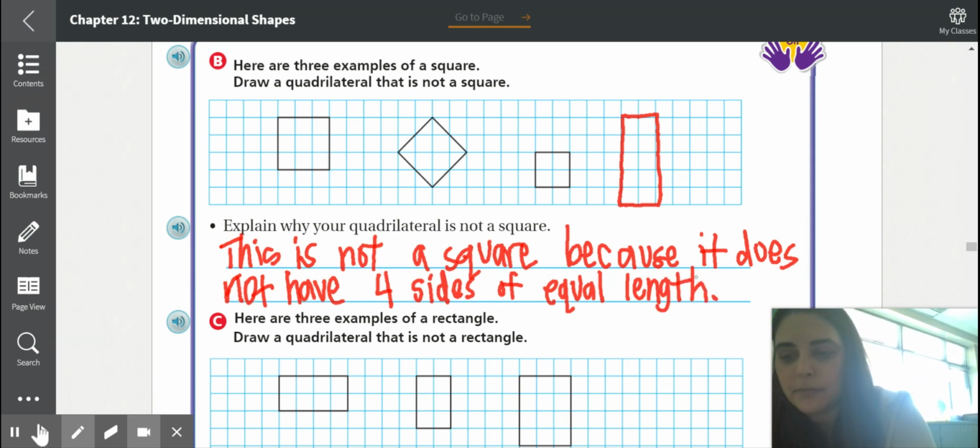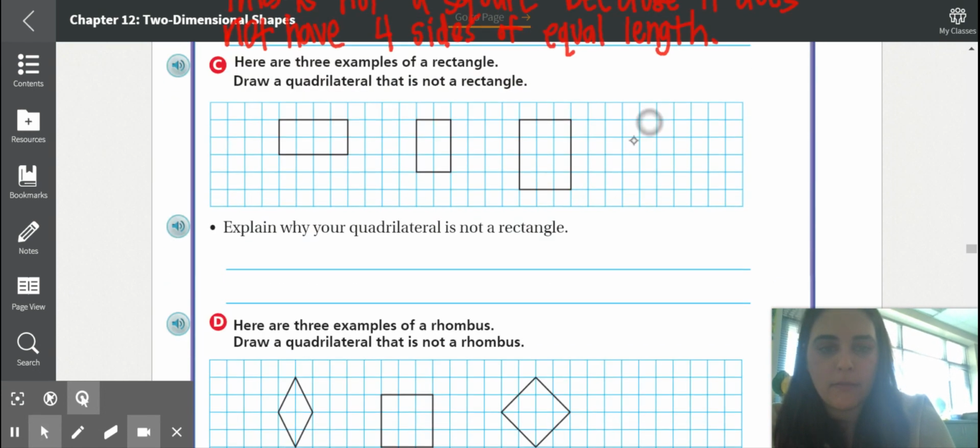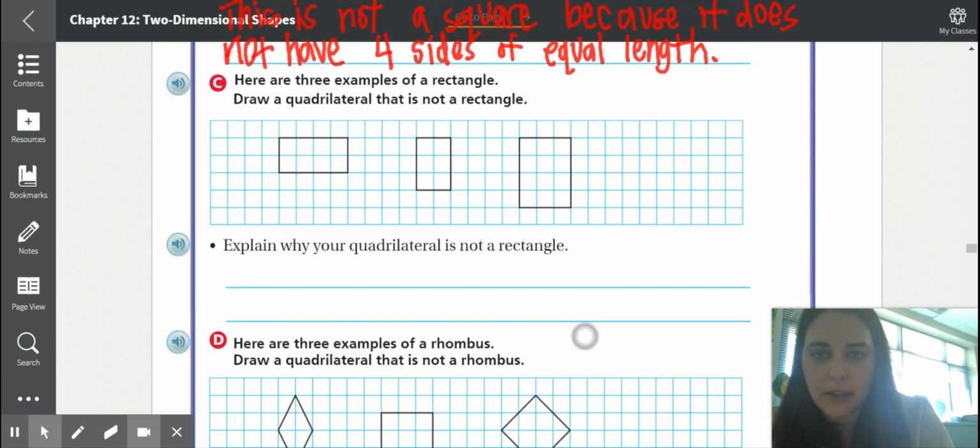Okay. If you did a different one, that's fine. Just tell me why it's not a square. Okay, let's move on to C.